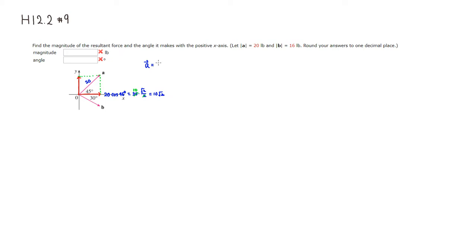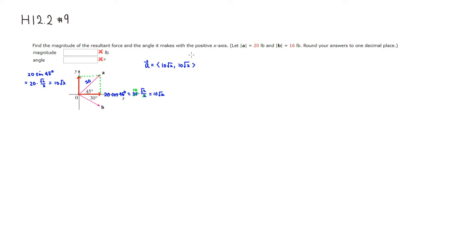The y component is going to be multiplied by sine of 45 degrees, so it's 20 times sine of 45 degrees, which is the same as the last one: 20 times square root of 2 over 2, which gives us 10 square root of 2. So this is the vector A.